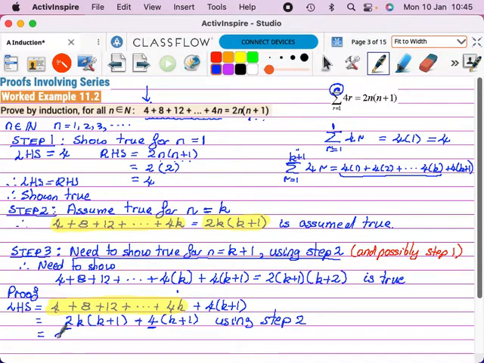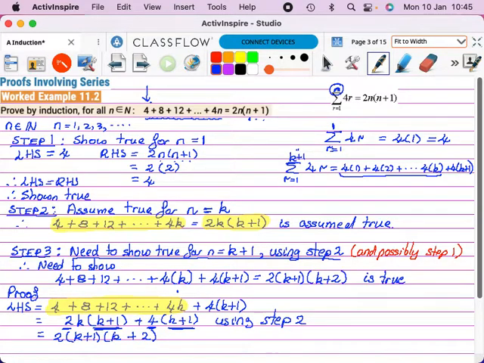So I'm taking out 2 as a common factor. I also hope you spot that k plus 1 is also a common factor. So I take out k plus 1 as a common factor. And if I take out k plus 1 and 2 as a common factor, I'm left with k. And if I take out k plus 1 as a common factor from here, it's all gone. If I take out a 2 from the 4, I'm left with a plus 2.